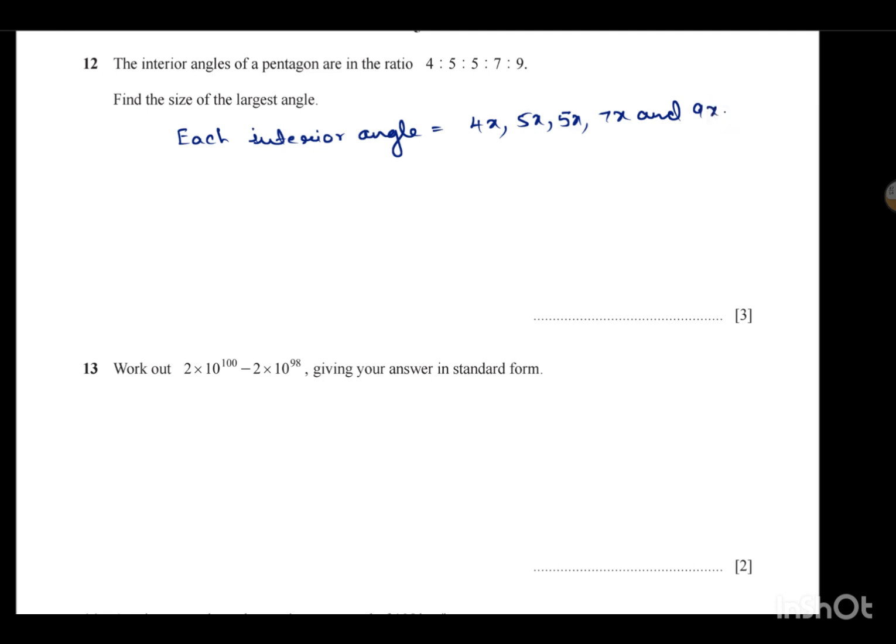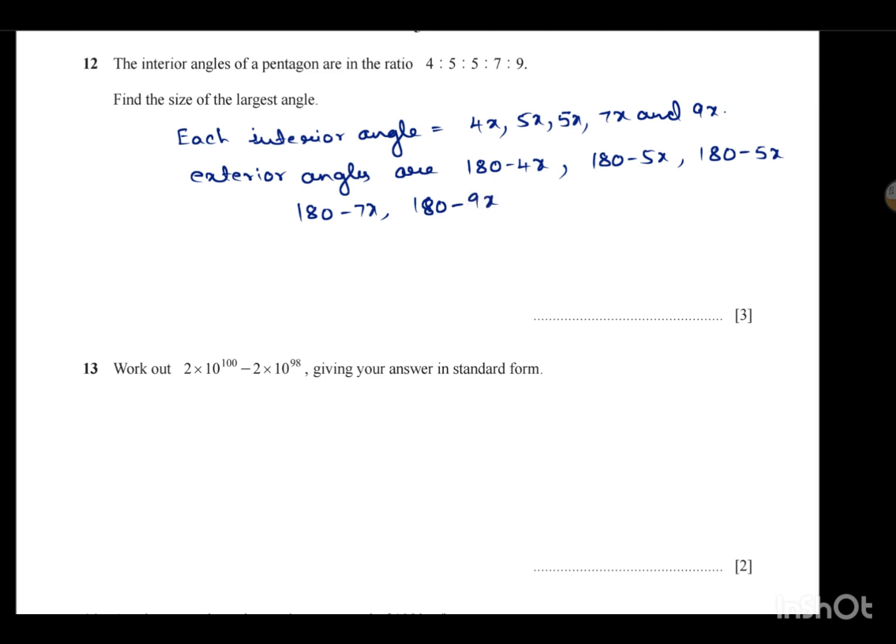If you take the interior angles, then write the exterior angles also. Exterior angles are always 180 minus the interior angle. So this is one of the exterior angles, then next is 180 minus 5x, then 180 minus 5x, then 180 minus 7x, then 180 minus 9x.